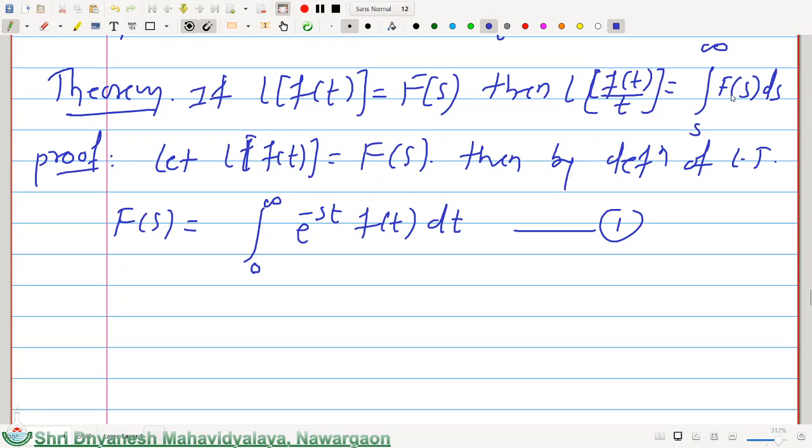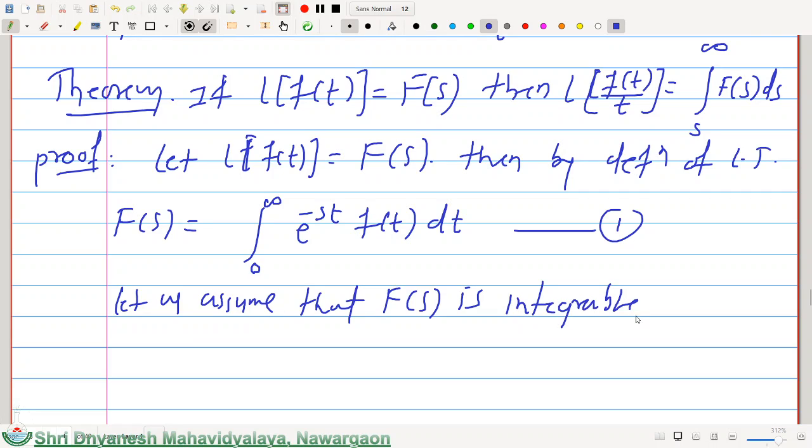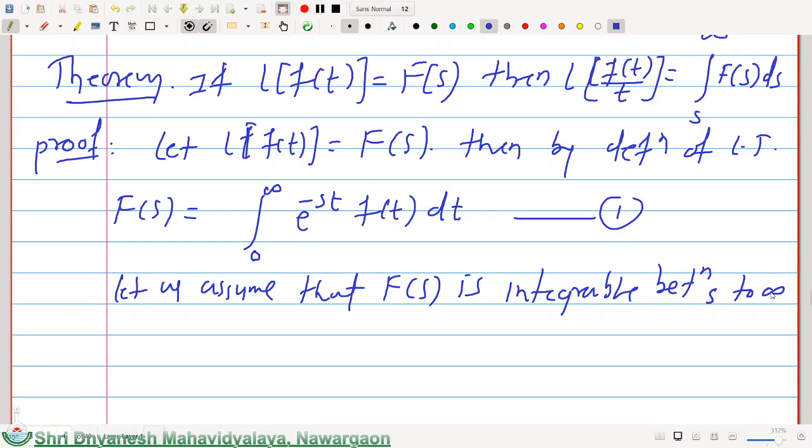So, assuming that this function F of s is integrable between the limits s and infinity, let us assume that F of s is integrable between s to infinity.